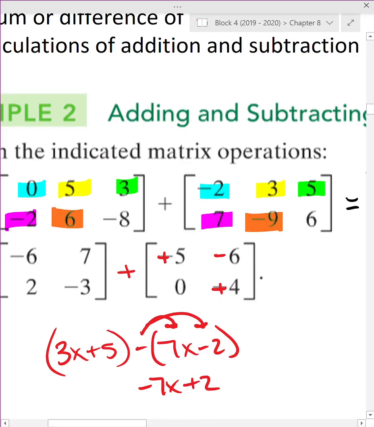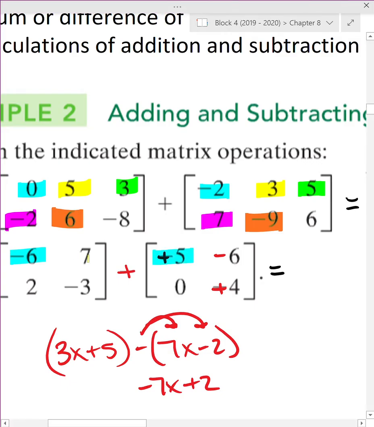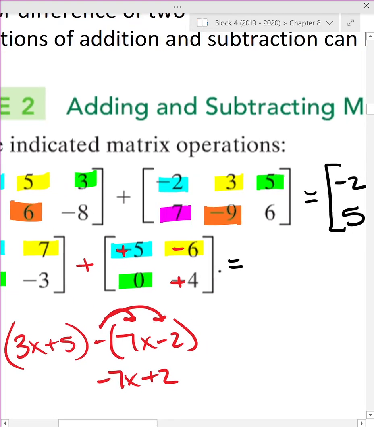And now I'm going to combine all the ones that line up together. So -6 plus 5, 7 minus 6, 2 plus 0, and then -3 plus 4.